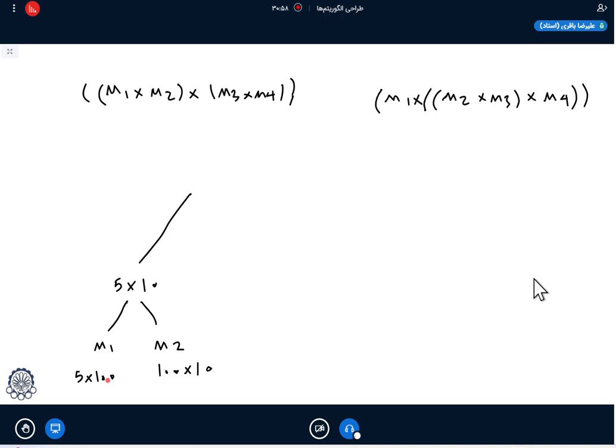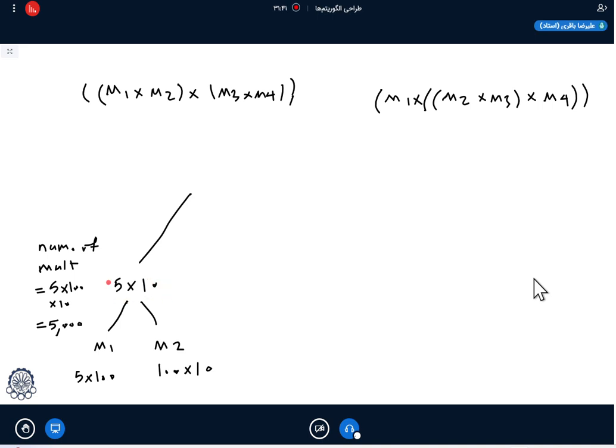So 5 multiplied by 100 multiplied by 10, which is equal to 5,000 multiplications. Okay. 5,000 multiplications are done when we multiply m1 by m2.